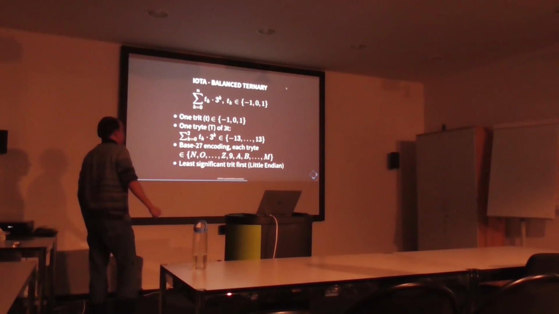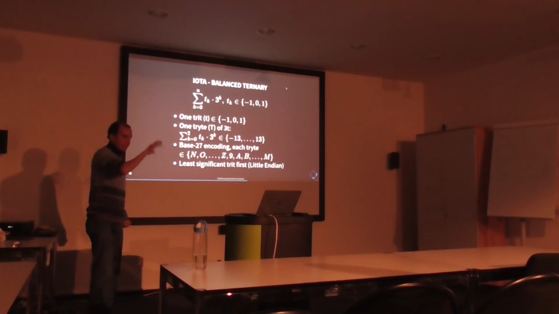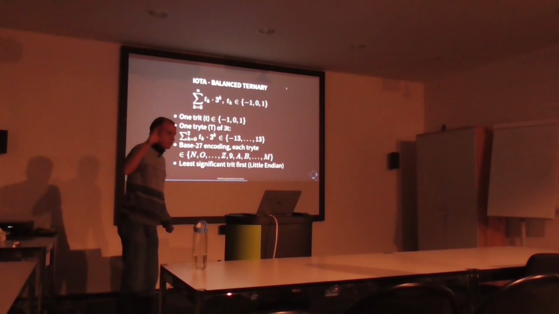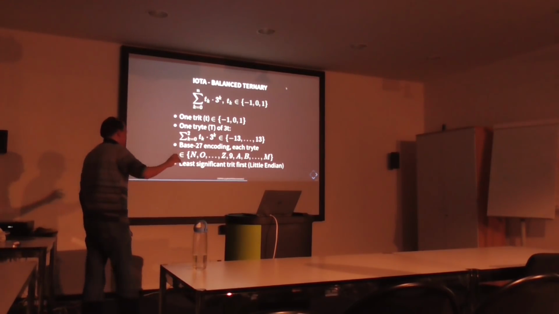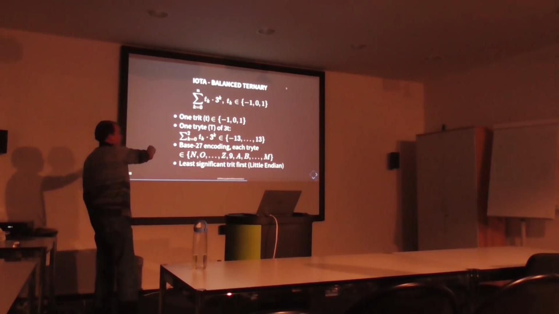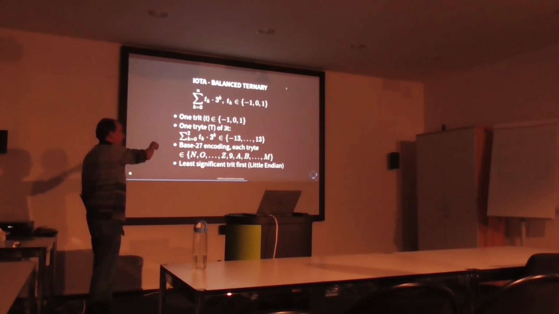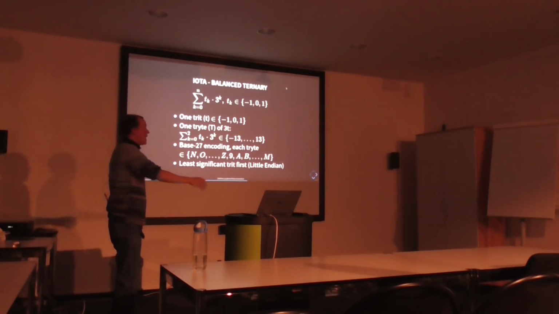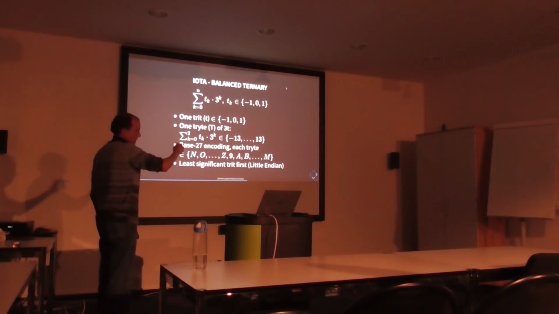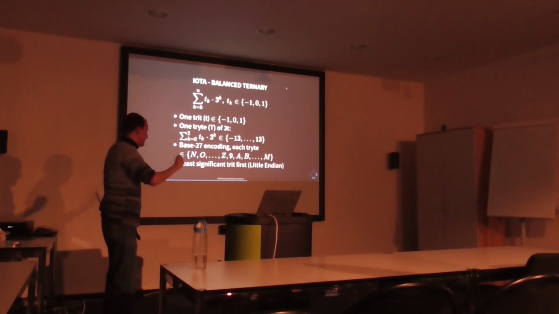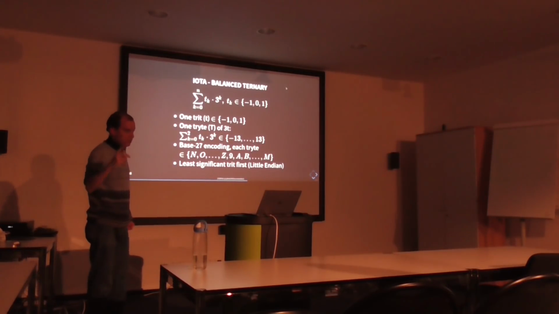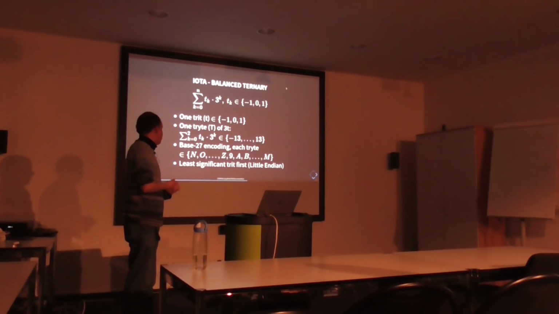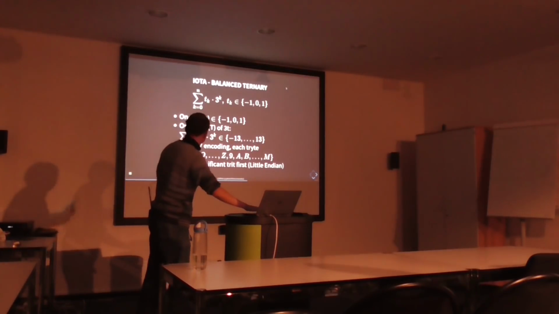They are usually encoded in base 27, so those are all the letters you see when you look at an IOTA transaction. Starting with N corresponds to negative 13, going all the way, 9 is 0, and M is the largest value, plus 13. And they encode everything in little endian, so basically the least significant trit comes first, and then you go up to your most significant trit, of course.